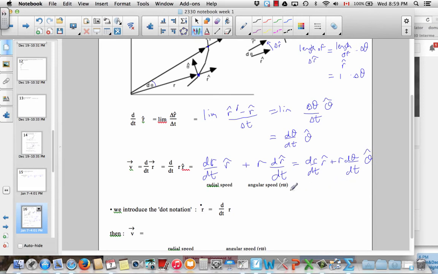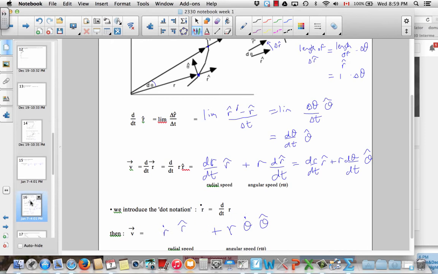To clean that up a little bit, we'll introduce dot notation. A dot on top of r indicates time derivative. So here's the time derivative of r, giving r dot in the radial direction. And then the time derivative of theta is theta dot in the theta hat direction. So if you know what your radius and angle are as functions of time, then you could state your velocity vector.